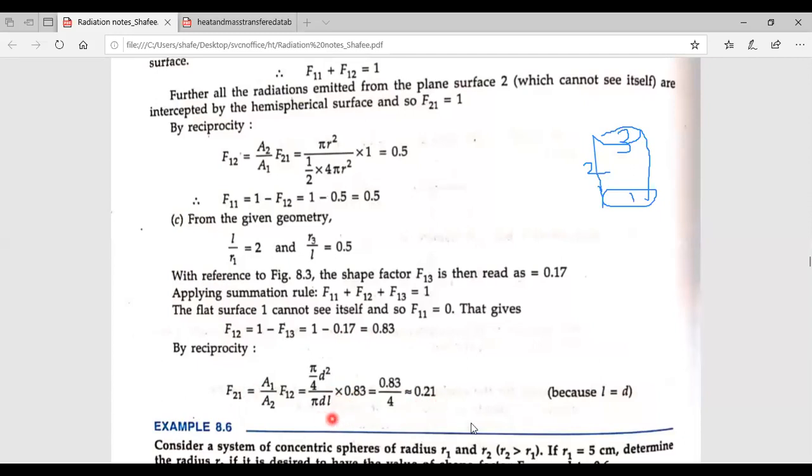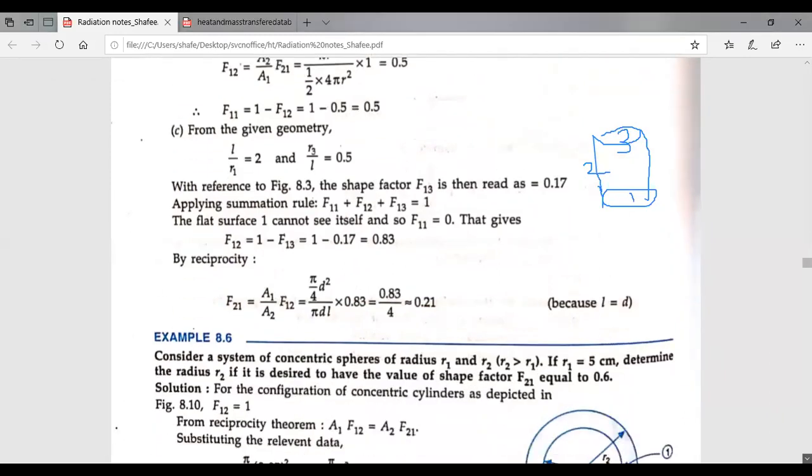If the diameter is equal to the length, then you will find 0.21 as the answer for F21. So I have found the shape factors for 1 to 3, 3 to 1, 1 to 2 and 2 to 1. All the shape factors for this cylinder we have found out.